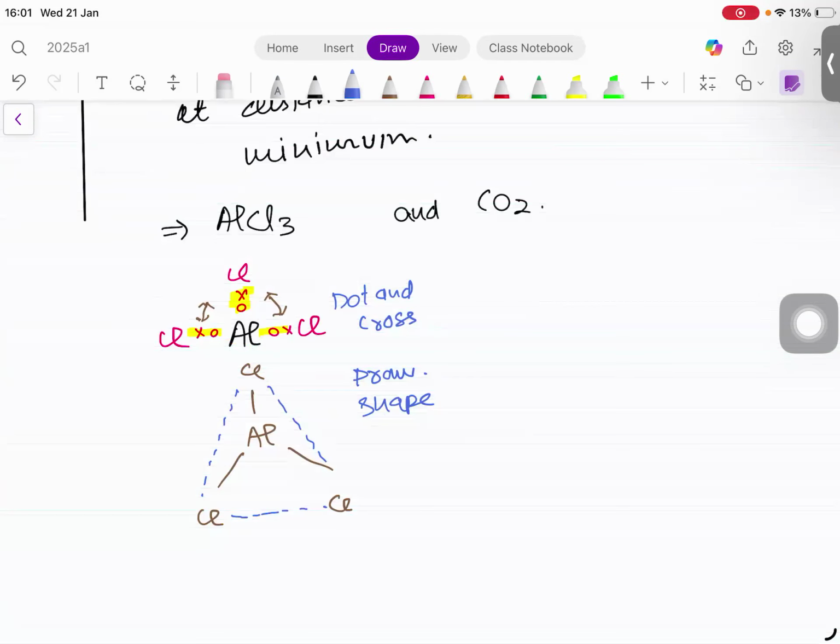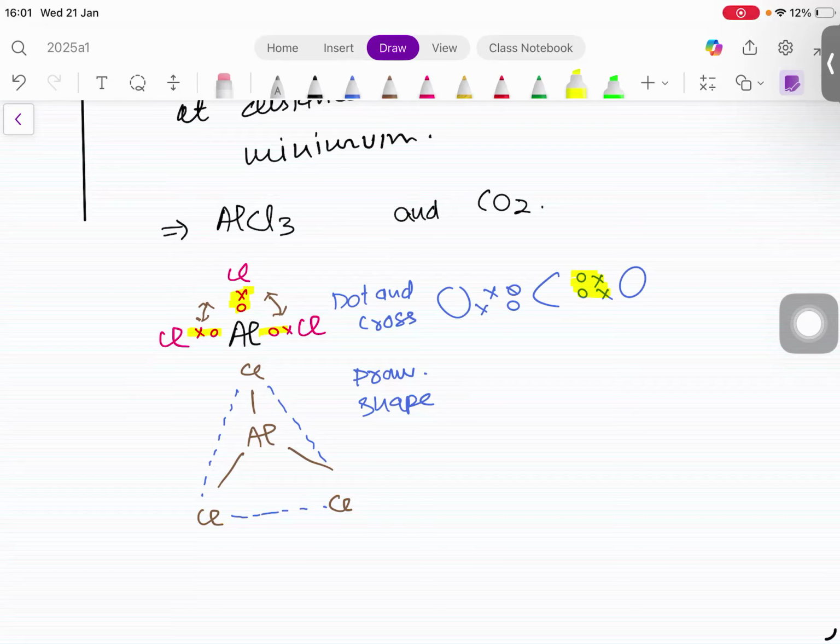Now look at the carbon dioxide. Anyone done with the carbon dioxide? Yes. Once you draw the dot and cross, you see there is a double bond in carbon dioxide on this side, double bond on this side. Now, as we see, there are two bond pairs on each side. But what we do, we have to take two bond pairs, now listen everyone, as one bond pair.